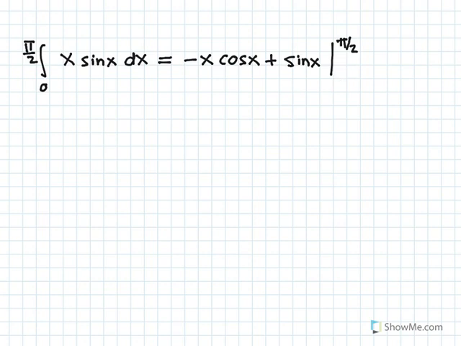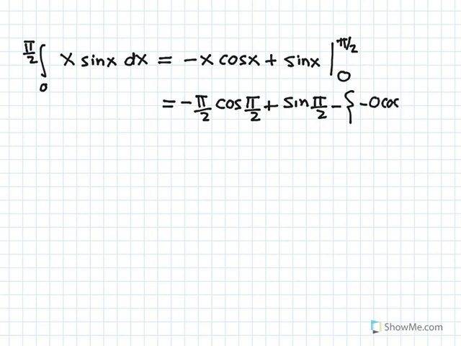Alright, so now let's plug in the upper limit and the lower limit. We get minus pi over 2 cosine pi over 2 plus sine of pi over 2, minus, plugging in the lower limit, minus 0 cos 0 plus sine 0.